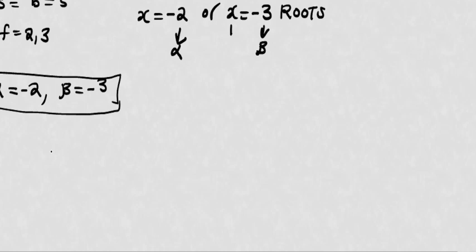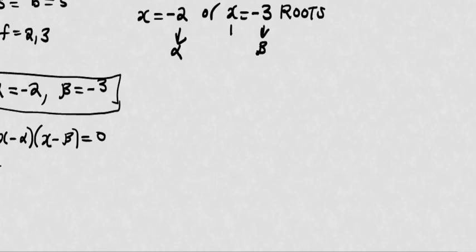This is what we do. We can find a quadratic equation given roots by using this formula. We say x minus alpha multiplied by x minus beta should be equal to 0. We can use this equation to find a quadratic equation given the values of alpha and beta.